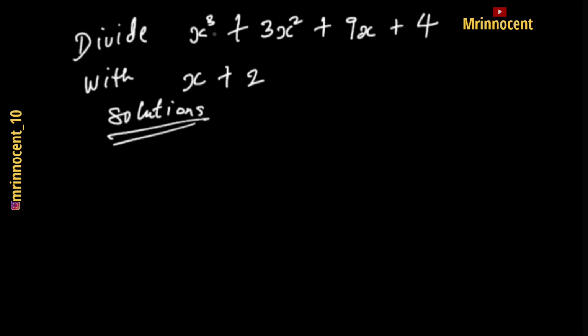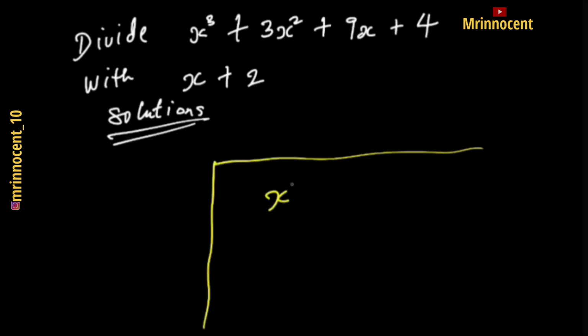Divide x raised to the power 3 plus 3x raised to the power 2 plus 9x plus 4 with x plus 2. Solution. So you have x raised to the power 3 plus 3x raised to the power 2 plus 9x plus 4.